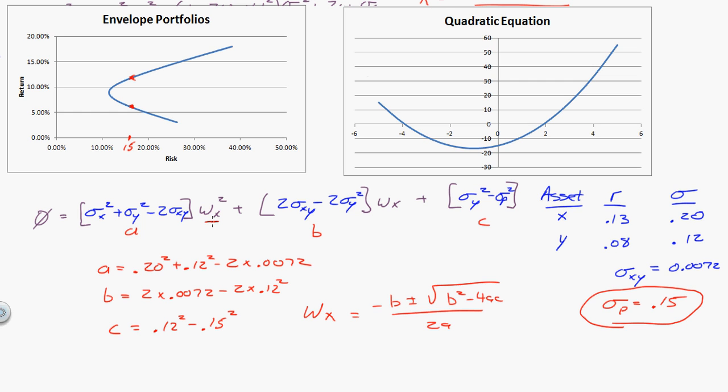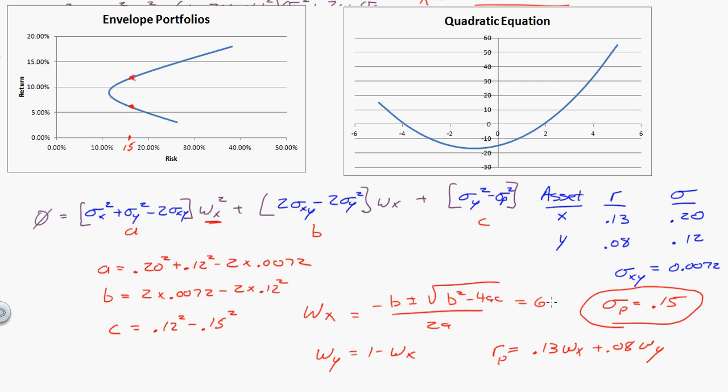That's wx that you solve for, and wy is equal to 1 minus wx. Now that you have those weights, you can know the return. The return for the portfolio is equal to 0.13 times the weight in x that you just found, plus 0.08 times the weight in y that you just found.